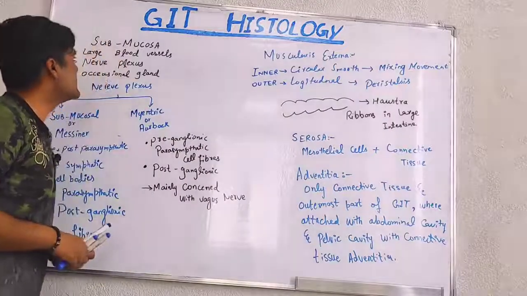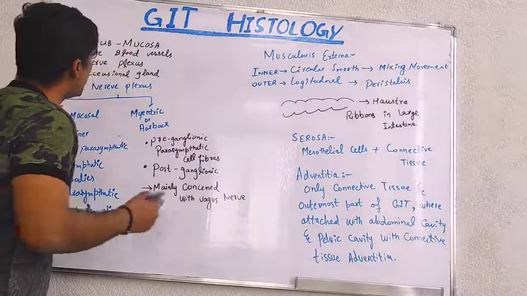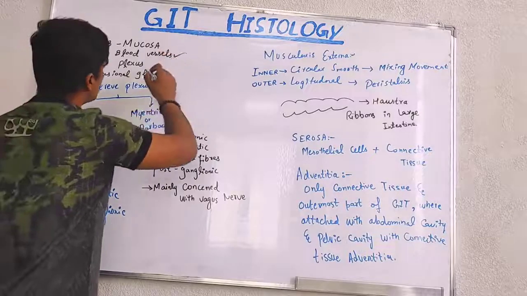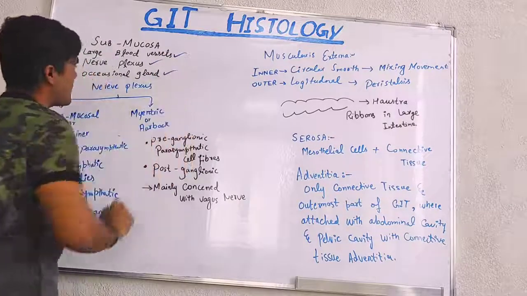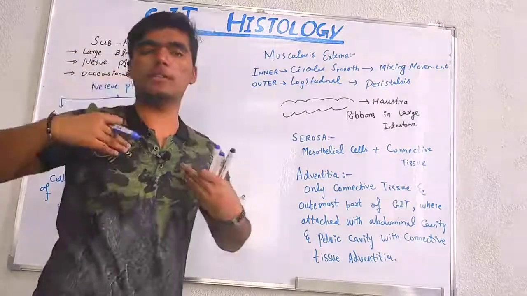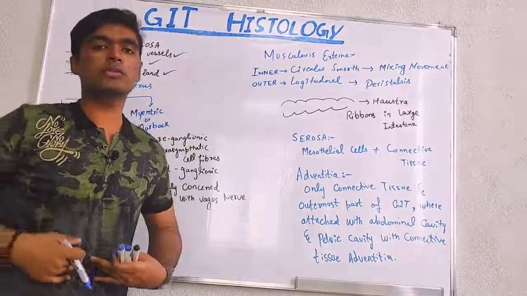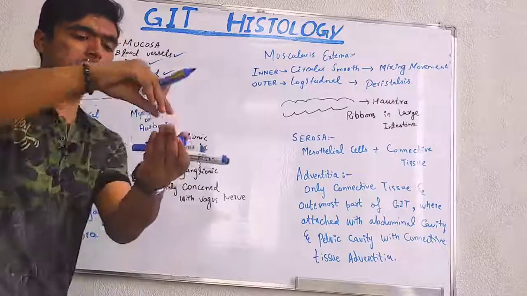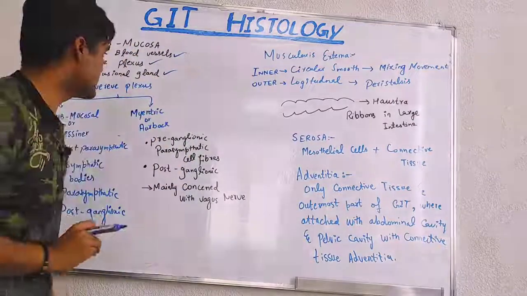About further details, we have submucosa, which possesses large blood vessels, nerve plexus, and occasional glands. Occasional means they are not present all throughout the organ, but occasionally at distant locations.